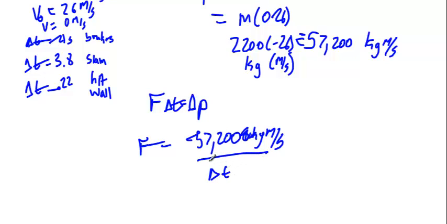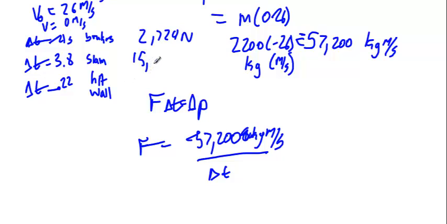So for case A, 57,200 divided by 21, we get 2,724 newtons. For case 2, where you have a shorter time, 57,200 divided by 3.8 seconds, it's considerably more force.